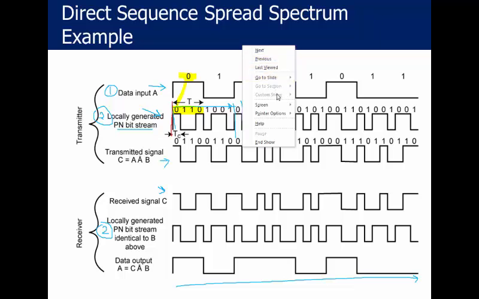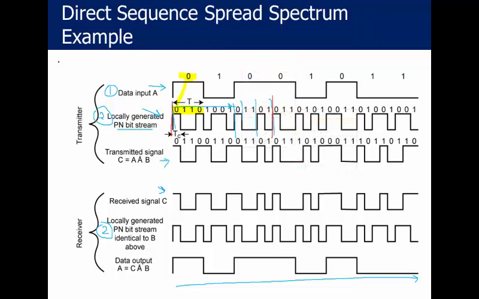Exclusive OR, for those who do not know, I'm going to explain here. In an exclusive OR operation, if we have the same bits, then it returns 0. If we have two different bits, then it returns 1. What happens here is if we have 0, 0, then it returns 0.